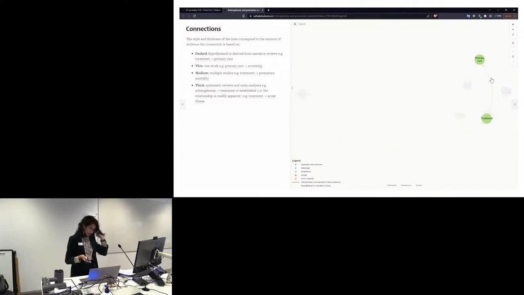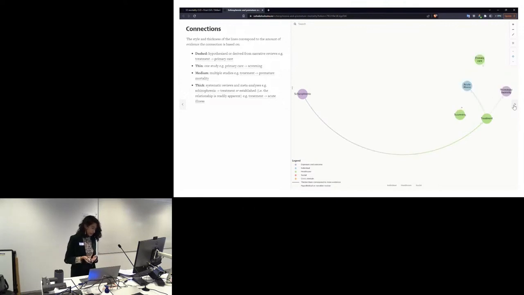The thinner lines correspond to a single study. The medium lines are multiple studies, and then finally the thickest lines are based on systematic reviews or meta-analyses or relationships that are just readily apparent or readily established.